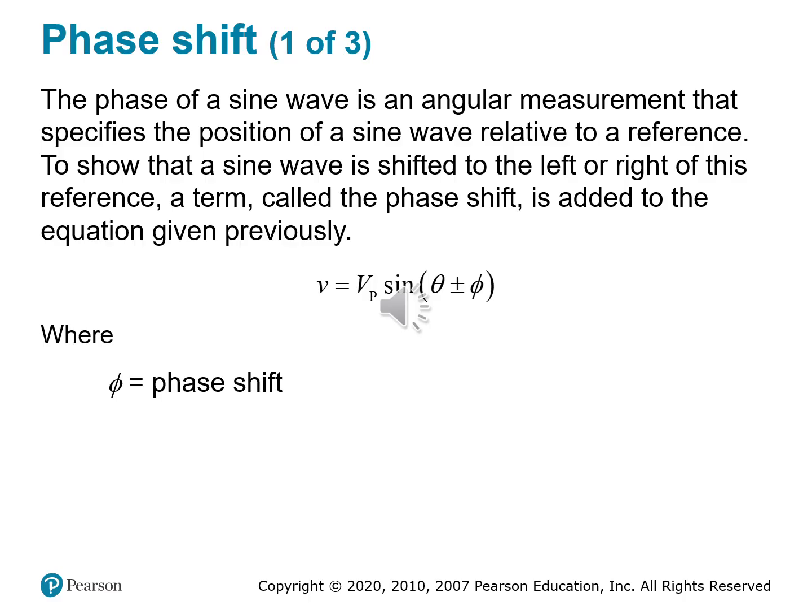I know the slide says just v. So v is equal to V sub p times sine of theta plus or minus phi. Where V sub p is the peak voltage, theta is that angular position, phi is that phase shift in degrees or radians. So if you add phi, the wave shifts to the left and it leads. If you subtract phi, the wave shifts to the right and it lags.